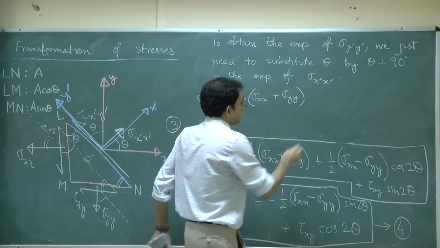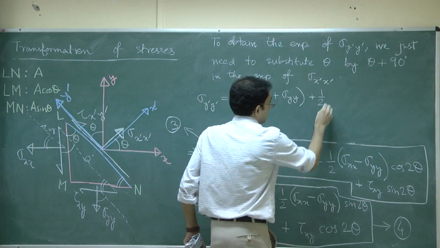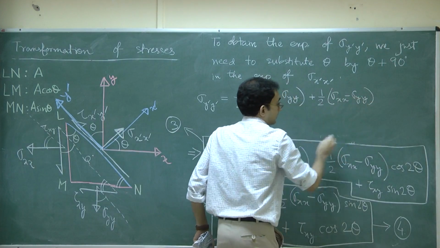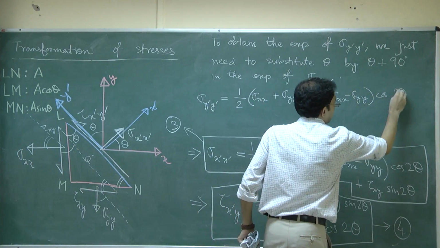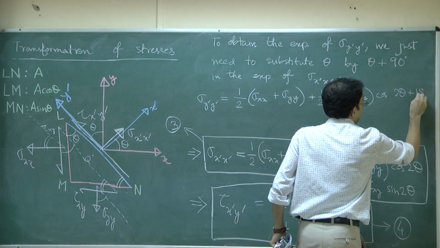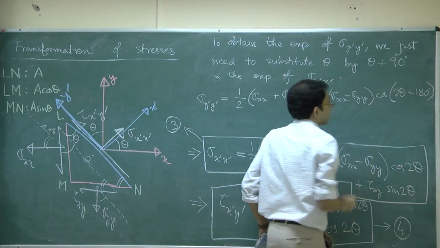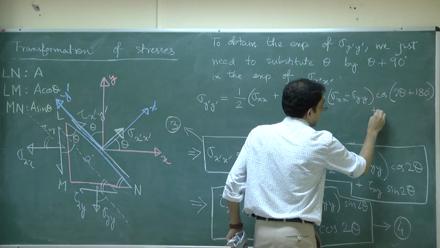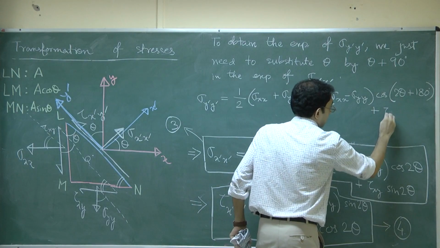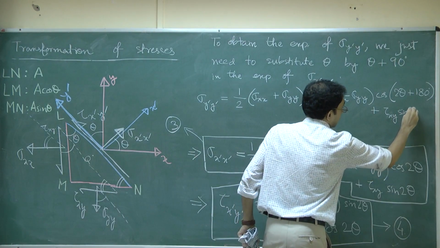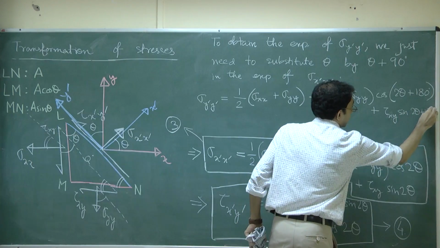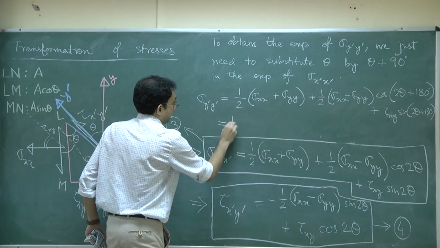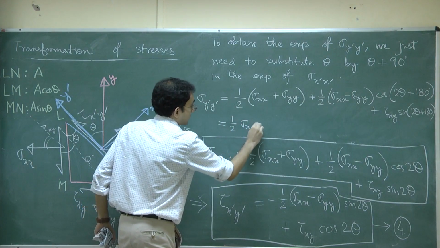The second term, it becomes this is cos 2 theta plus 180 degrees, and finally for the third term I have tau xy sin 2 theta plus 180 degrees. So finally that will give me half of sigma xx plus sigma yy.